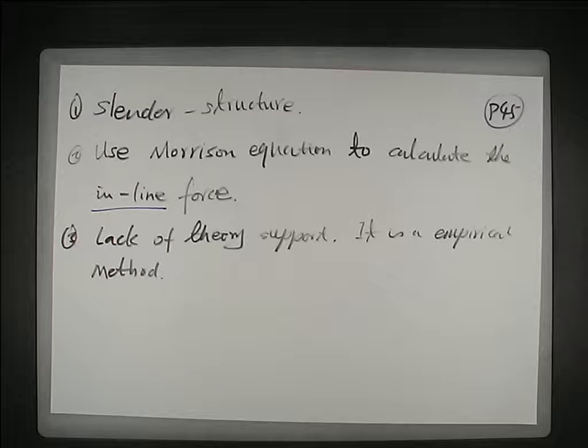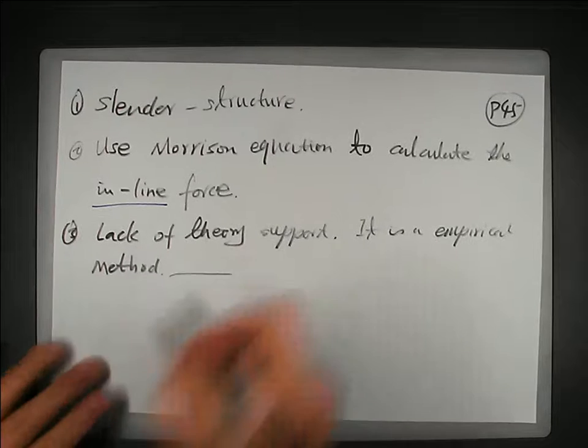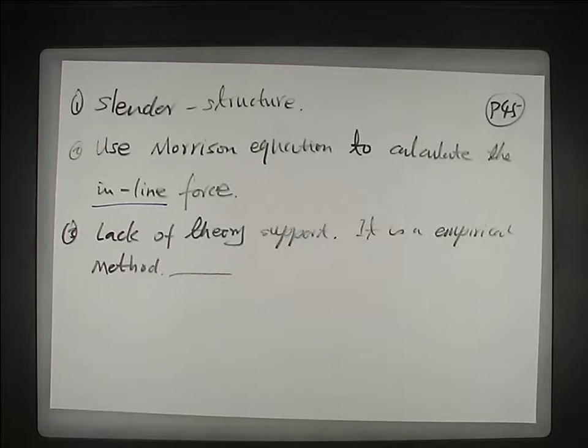Morrison said, no, but it works. It does work. But there is no theory to support it. Till today, Morrison died, but we still cannot find any theory to support this. But this is a disadvantage. So the Morrison equation is completely inline, but has no theory support.